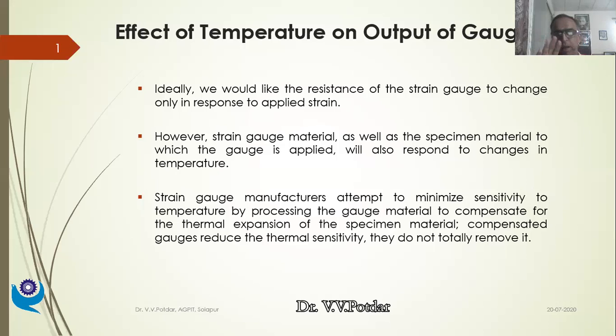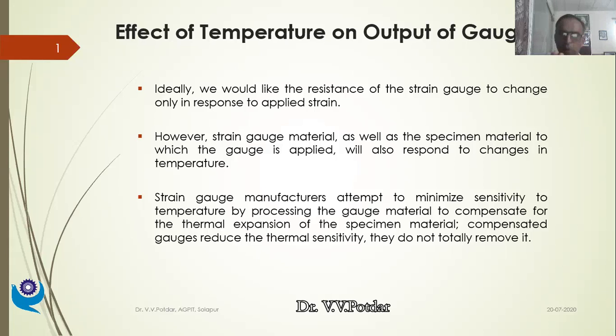So R1 is equal to R2 is equal to R3 is equal to R4 is equal to R originally for initial balancing. Whatever the ohmic value, maybe 300 ohms or 120 ohms, they are of the same value. Now after loading, what will happen? Originally all these are R, and R1 by R2 is equal to R3 by R4, so it will be a balanced bridge. There will not be any output V0 across the terminals of the Wheatstone bridge initially before loading.